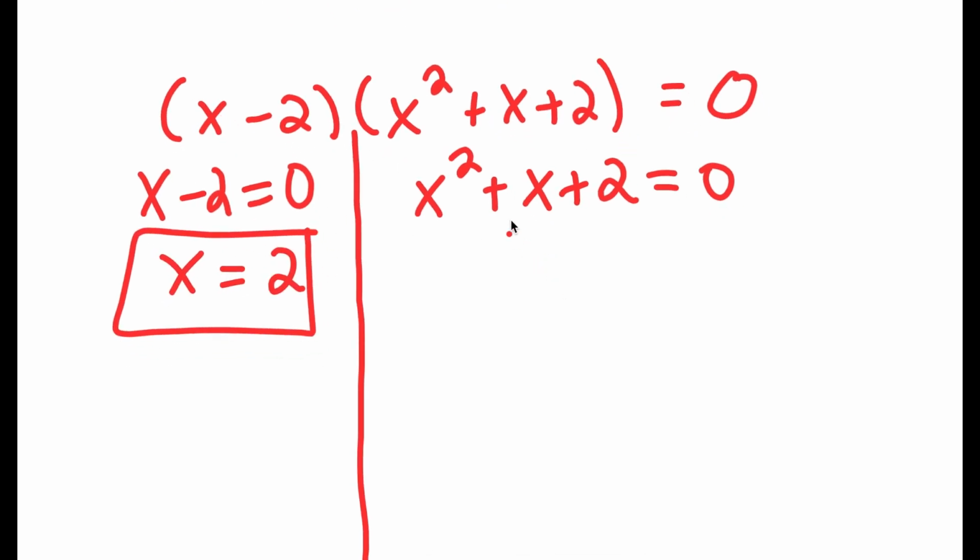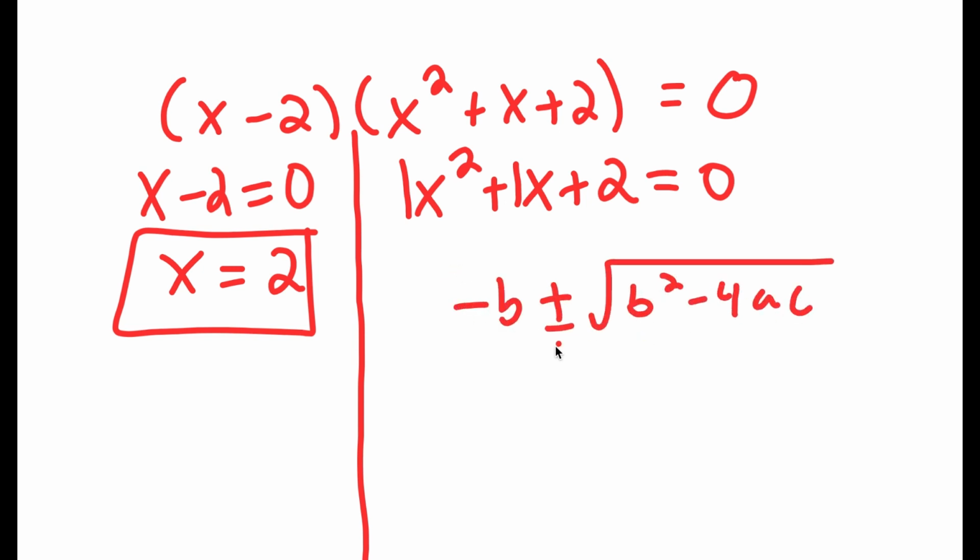And for x squared plus x plus 2 equals 0, I can use the quadratic formula, which is negative b plus or minus the square root of b squared minus 4ac all over 2a. So in this case, a is 1, b is 1, and then c is 2.